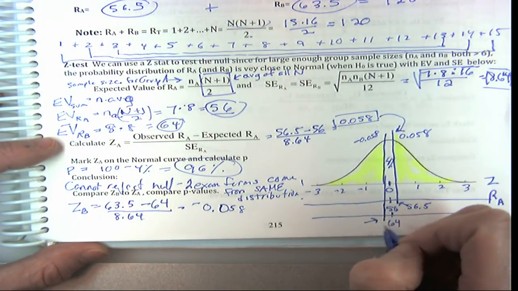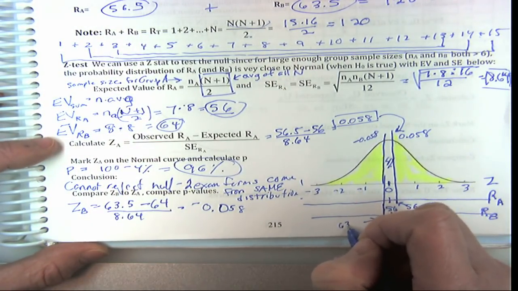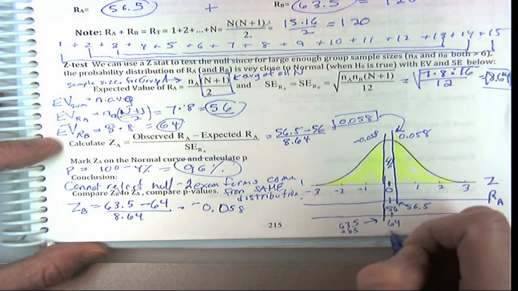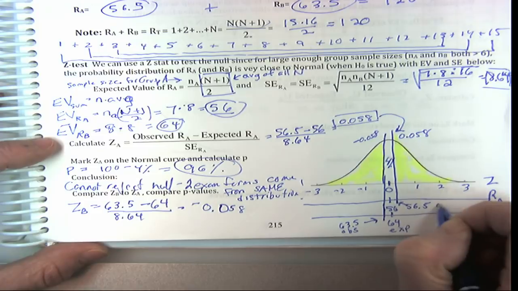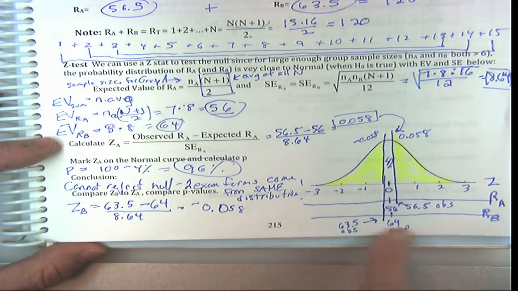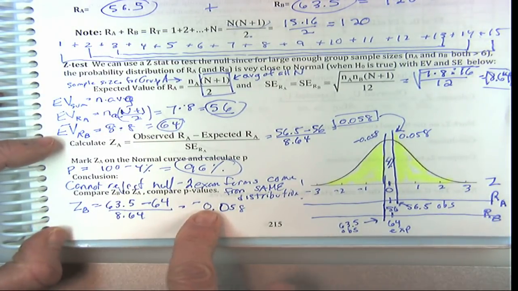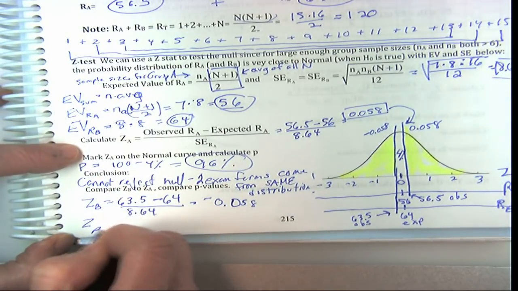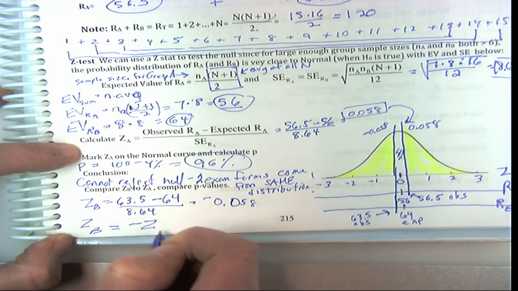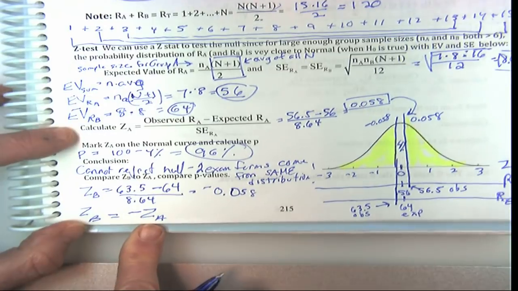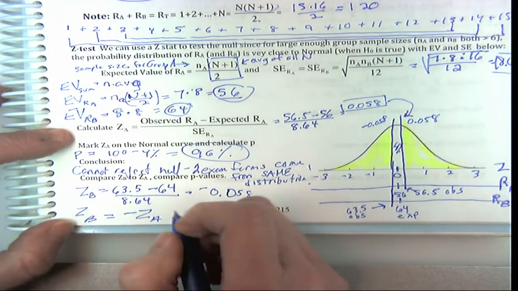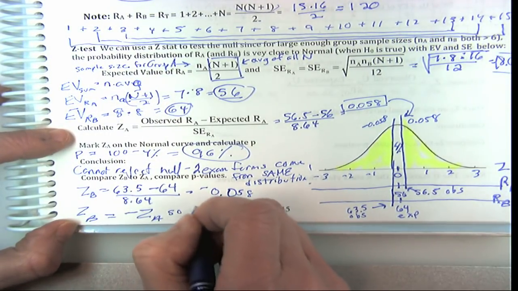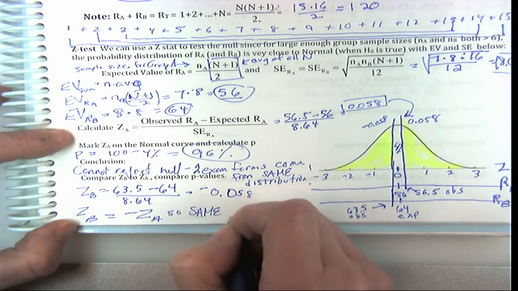So that's 63.5. So that's our observed, and that's our expected, and this is our observed and our expected. So to sum up, they're going to be opposites, which means they'll have the same p-value, which is what we're interested in.